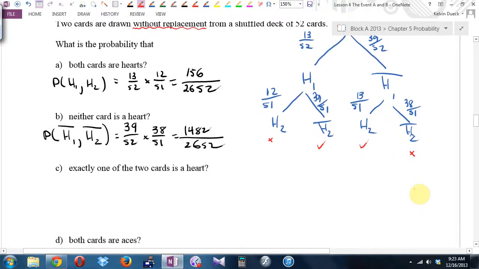So, if you wanted to write it in notation, Sean, here's what we're really saying. This is the probability that the first one is a heart and the second isn't, or the probability that the first one isn't a heart and the second is.